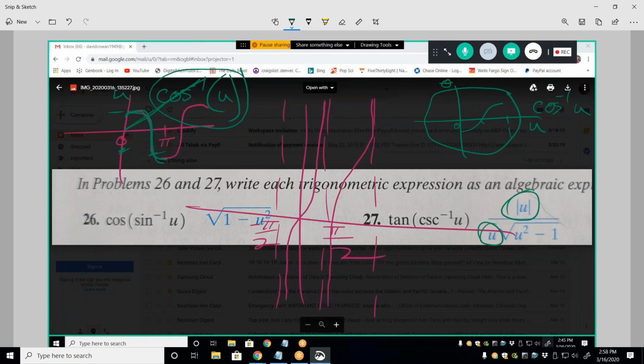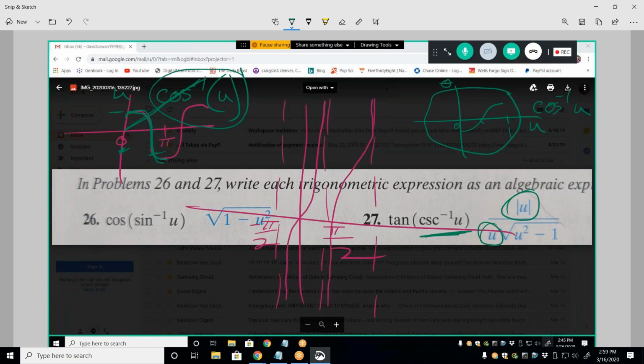Yeah, I think you're fine now, as long as you realize that whenever you're dealing with inverse trig functions like cosecant or secant, there's a restriction there. It's not a domain restriction, it's a range restriction.